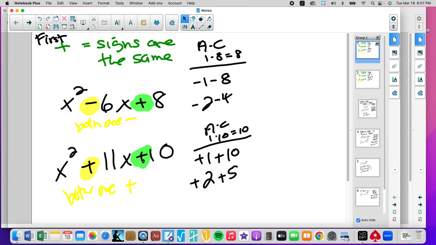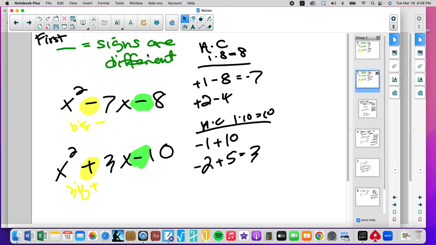And if the first sign is positive, meaning they're the same, and then I come here and B is positive, I know both are positive, so I would assign both positive signs. So we're always going to look at the sign of C. Is it positive or negative? If it's positive, I know the signs are the same. If it's negative, then I know the signs are different, meaning one is going to be positive and one is going to be negative in my factor pairs.